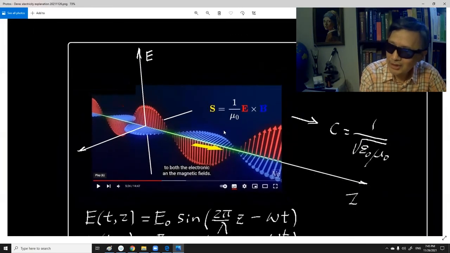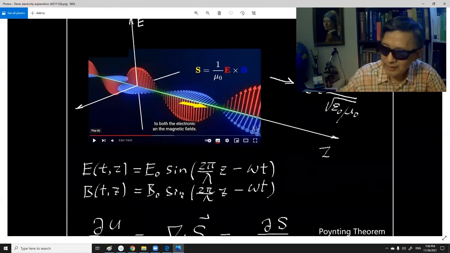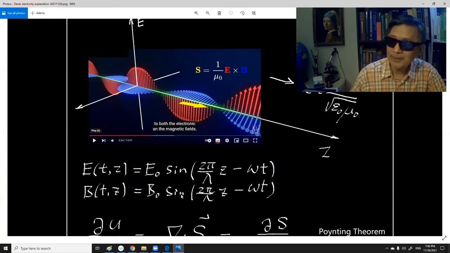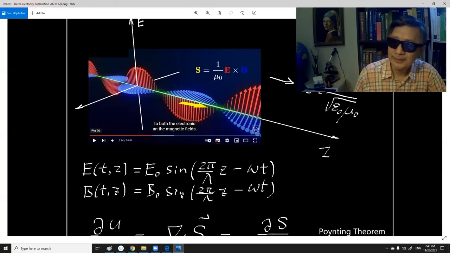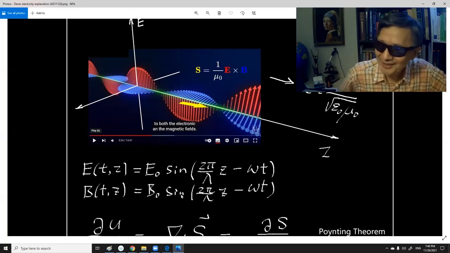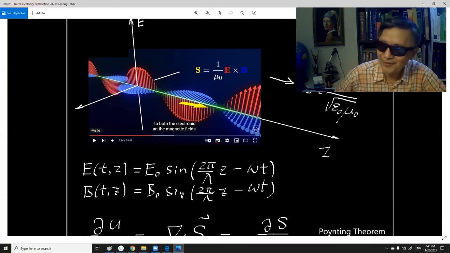In addition, both the electrical field and the magnetic field are oscillating at the same frequency, same amplitude, and same phase.